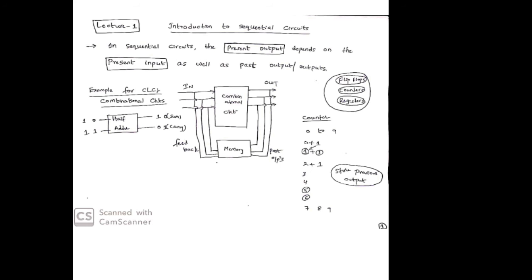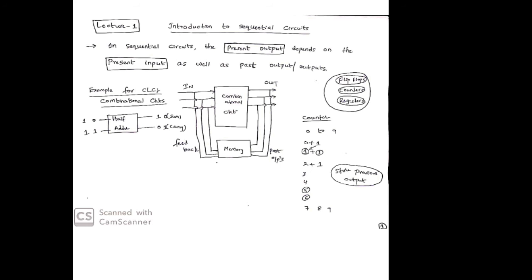Because of that reason I am taking the three lines. The right hand side of this block is connected to the memory block, and the stored values are connected to the input through this feedback. This is the block diagram of a sequential circuit.